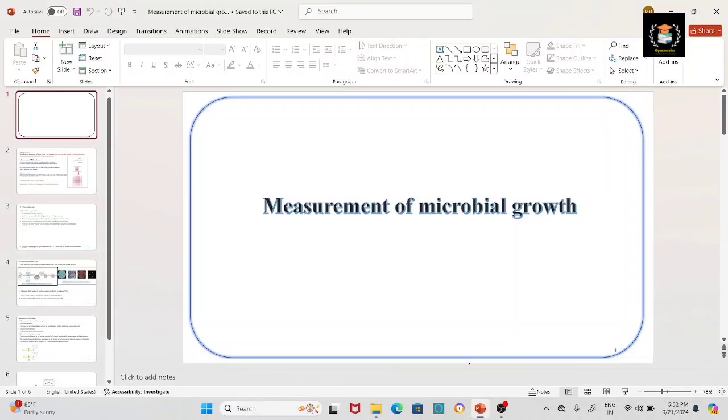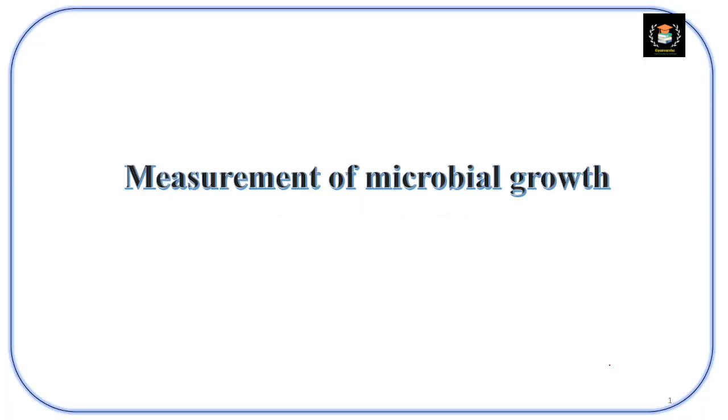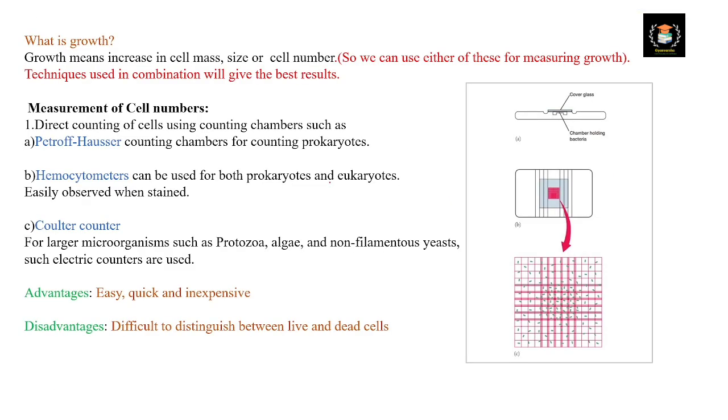Today we'll be studying about measurement of microbial growth. Microbial growth is said to occur in two ways. They may either increase in size, or increase in mass, or increase in number.